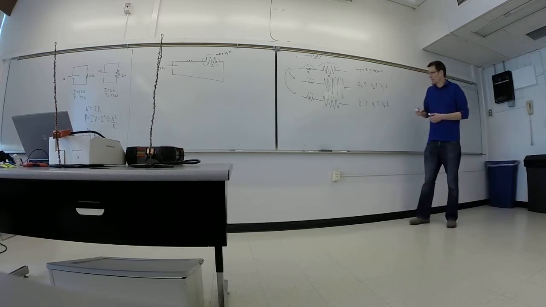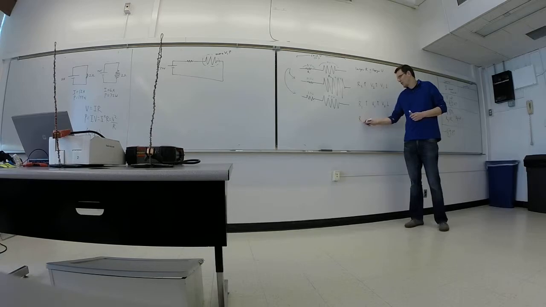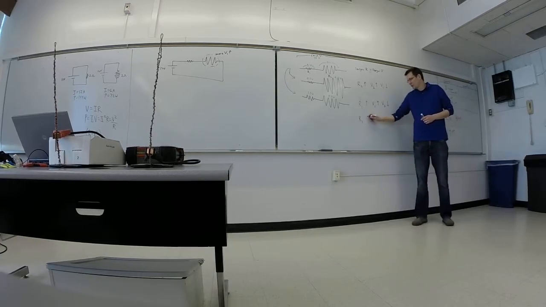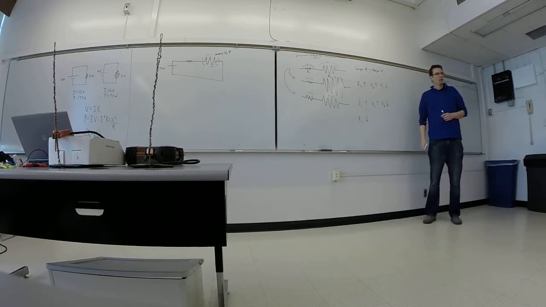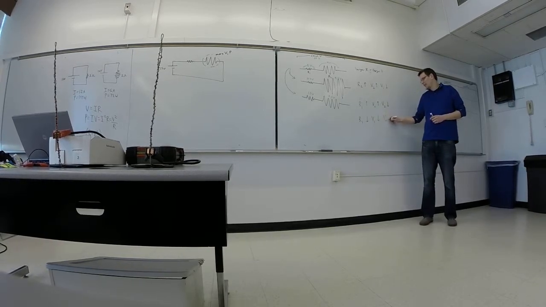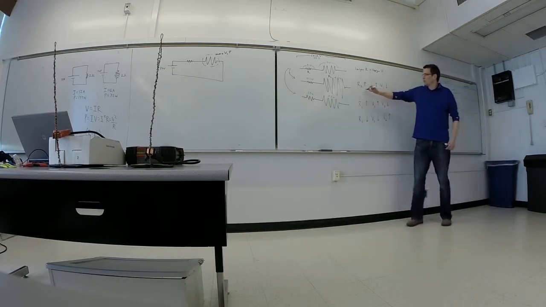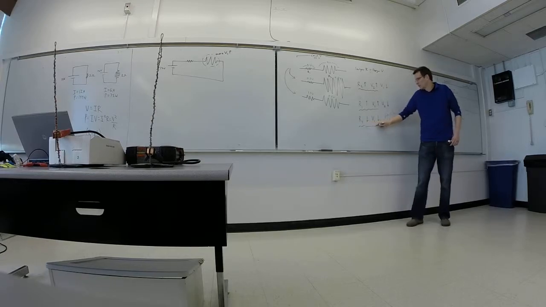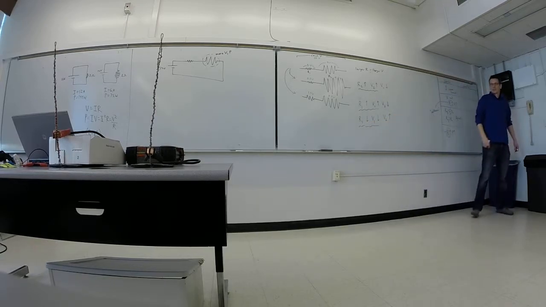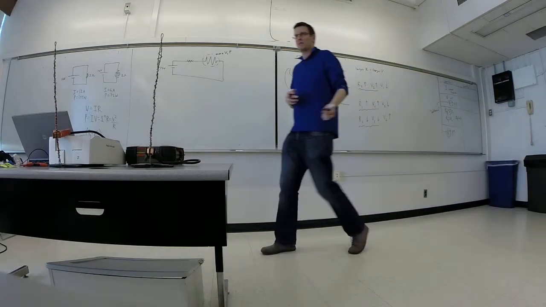Now you could do something like this, right? Let's take R1, which is already the smaller one, and decrease it further. Well, if you decrease it further, that's going to mean that it's less voltage and the other one has more. So notice that whatever you do to the resistance of one of the resistors, that's how the voltage drop of that one goes, and the other one has to compensate.